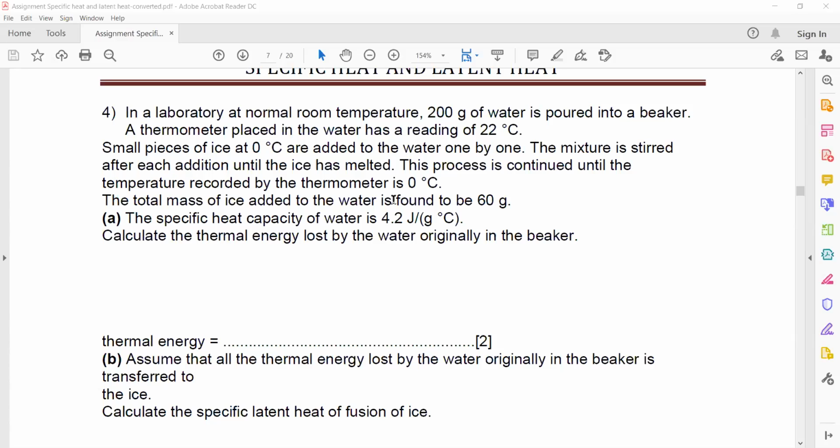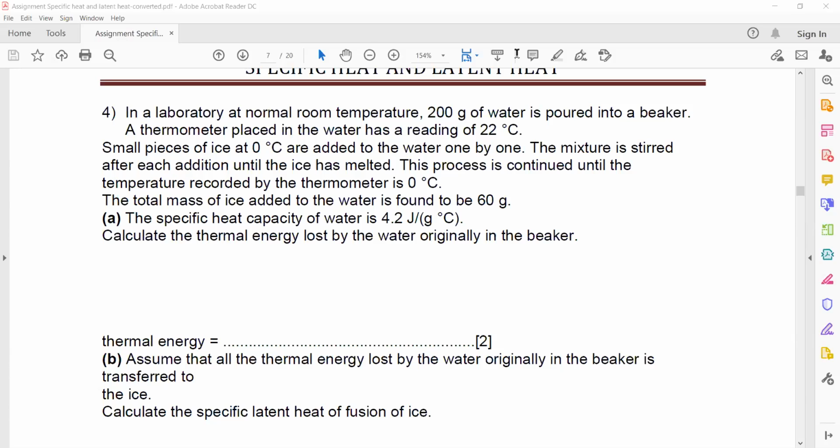The total mass of the ice added to the water is found to be 60 grams. The specific heat capacity of water is 4.2 joule per gram degree centigrade. Calculate the thermal energy lost.